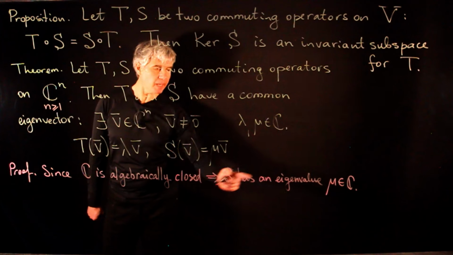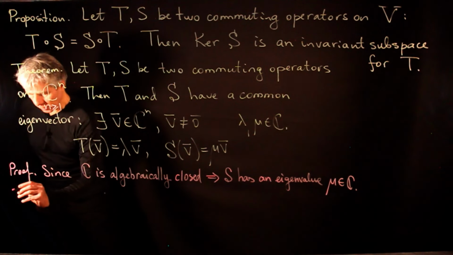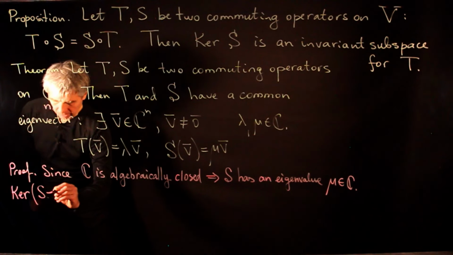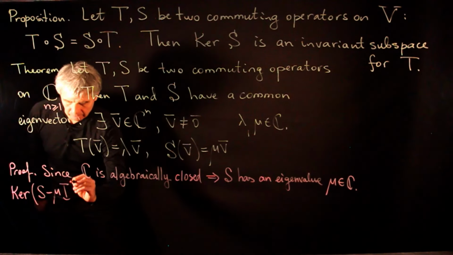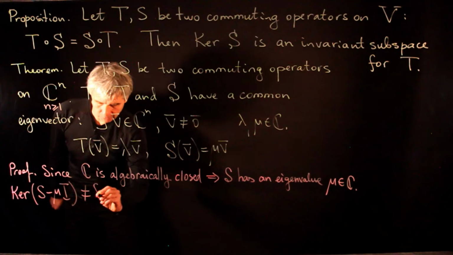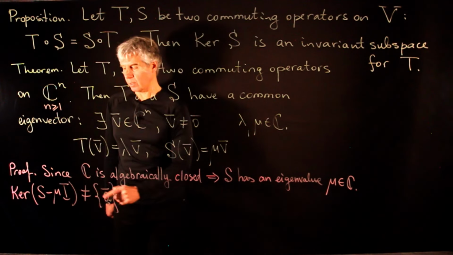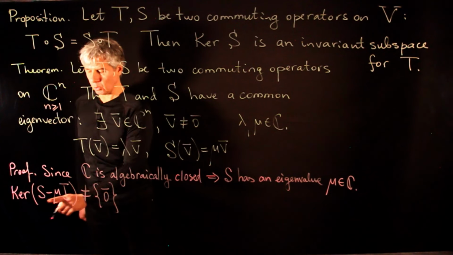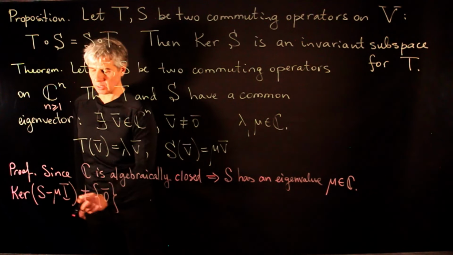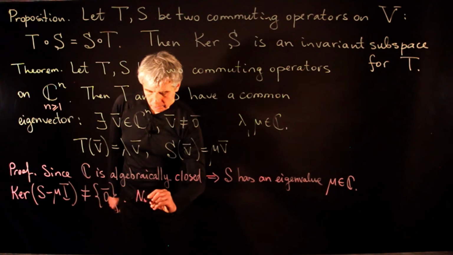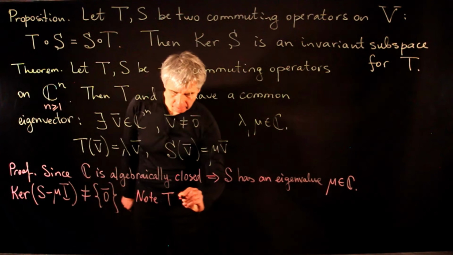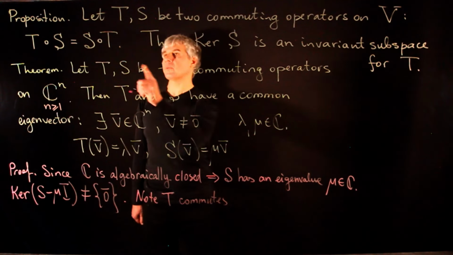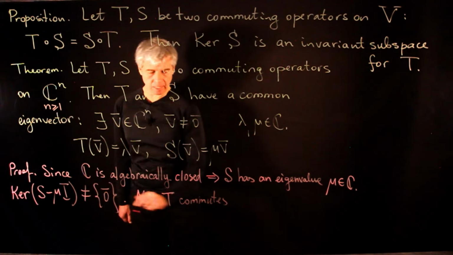Once we have an eigenvalue, we know that the corresponding eigenspace, or the kernel of S minus mu times I, is non-trivial. So this is not just a zero vector. Whenever mu is an eigenvalue, we are guaranteed to have a non-zero eigenvector, which is a vector in this space. We note that T commutes not just with S, but also with the identity operator.